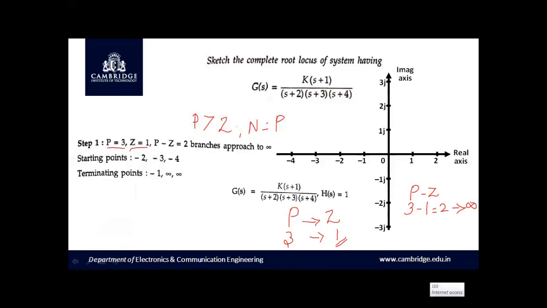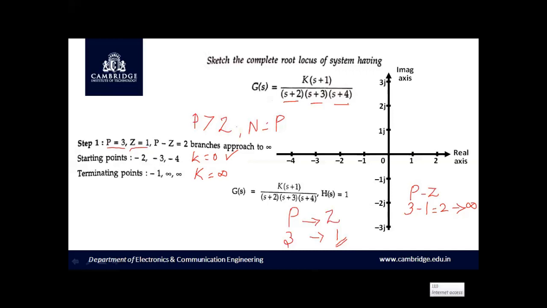Therefore, at K equal to 0, the starting points will be at the poles, and when K reaches infinity, the terminating points will be at the zeros. At K equal to 0, we have the starting points, that is the roots of the denominator polynomial of the given open loop transfer function.